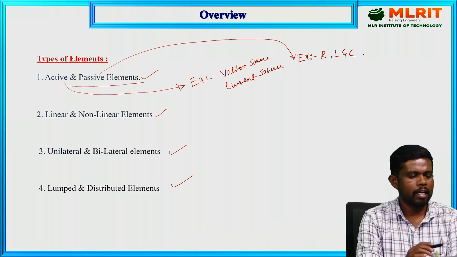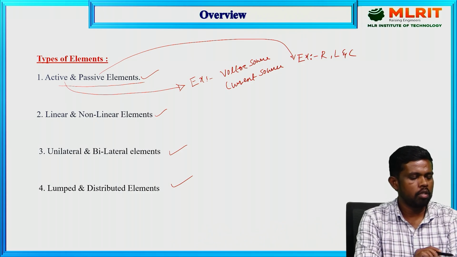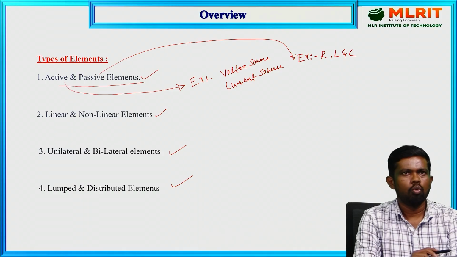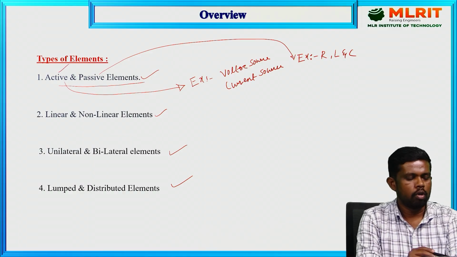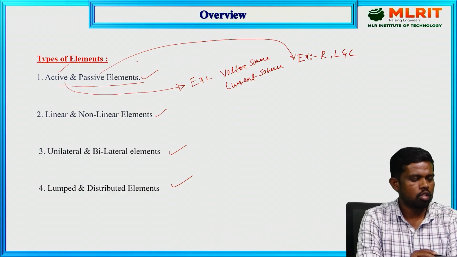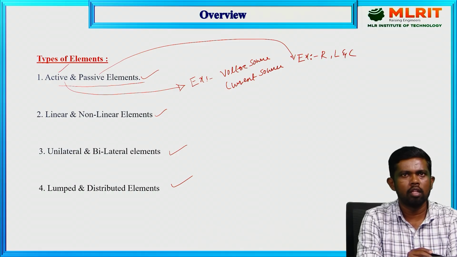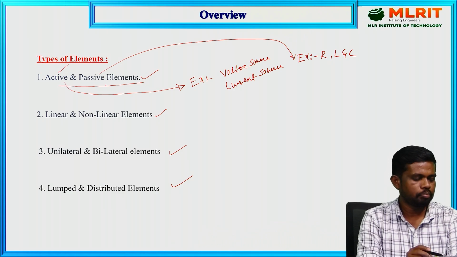Again, to conclude: active elements deliver energy continuously for a long time to other circuit elements, and passive elements consume power or energy. In other words, a passive element is not capable of delivering energy independently.